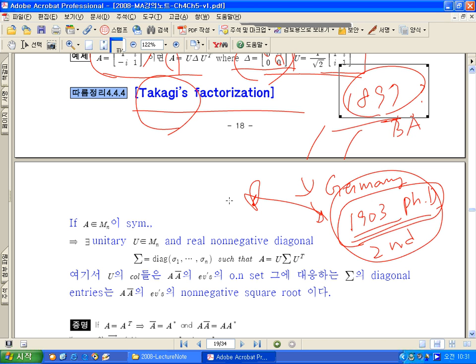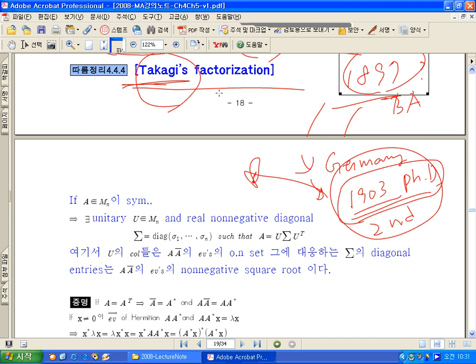All the Fields medalists have their root in this Teiji Takagi. He started real Japanese mathematics in the 20th century. Okay, so every mathematician knows him. Every Japanese mathematician knows about Teiji Takagi these days.